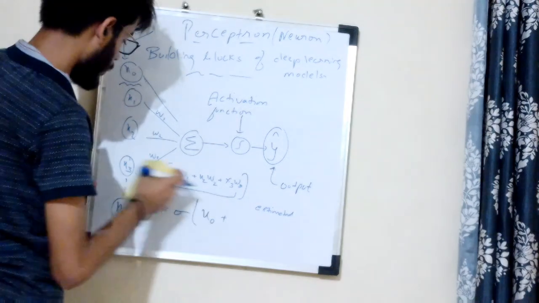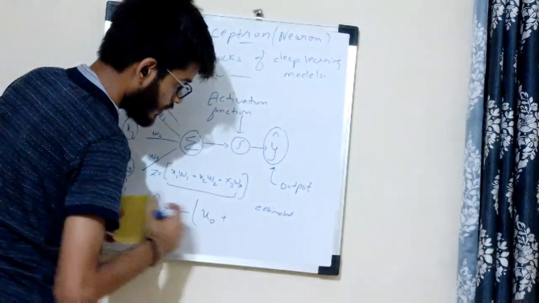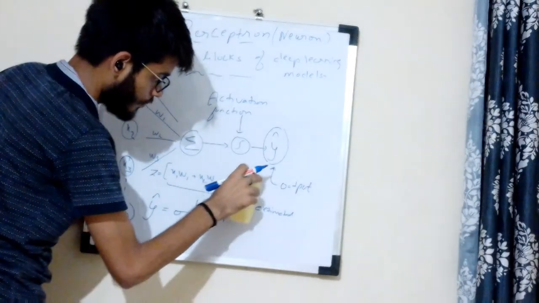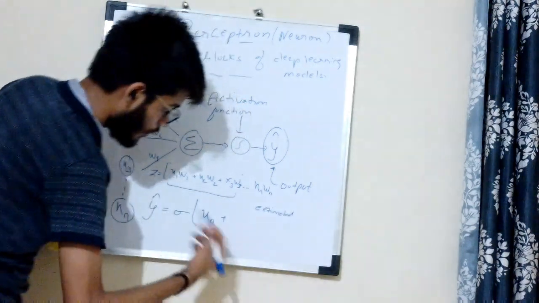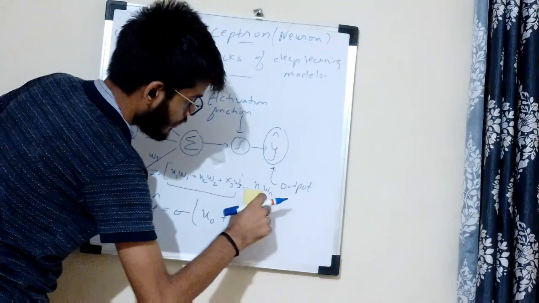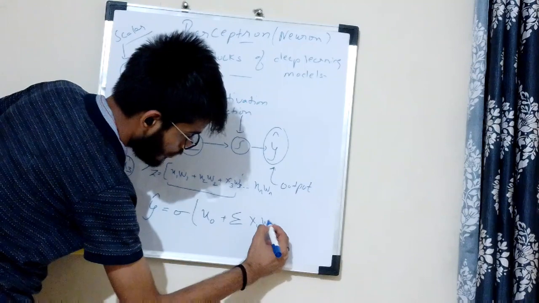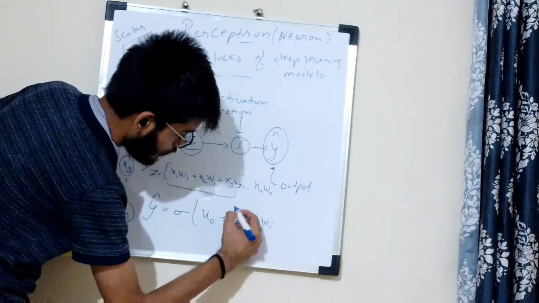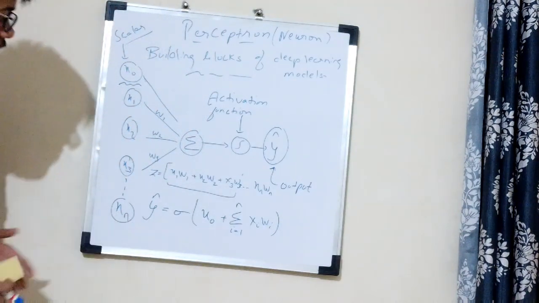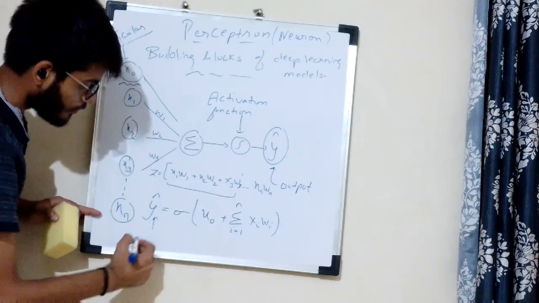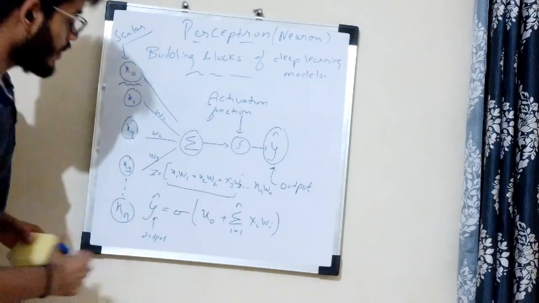Of course, it can go up to x raised to the power n, so this will go to xn wn. I can write this as x naught plus the summation of xi wi, where i equals 1 to n. So this is nothing but my output, y hat equals this. This is the activation function.